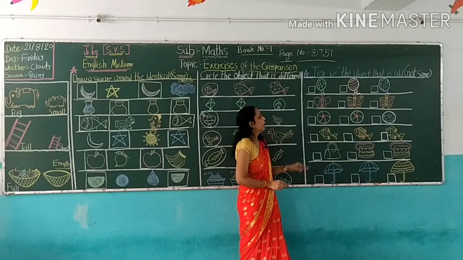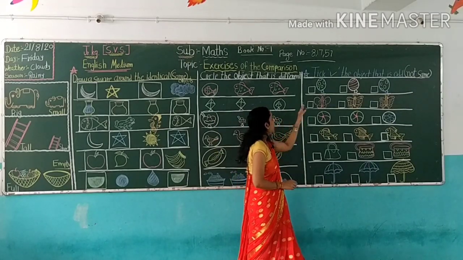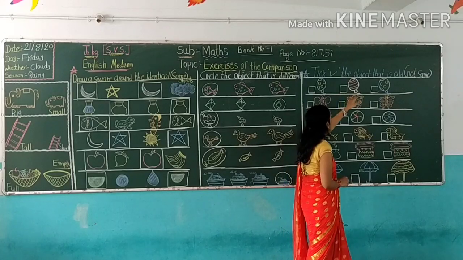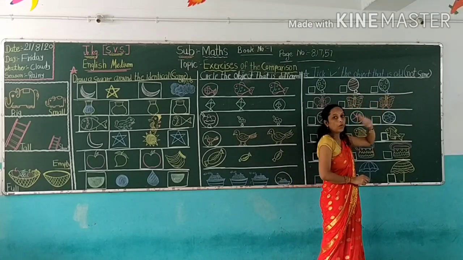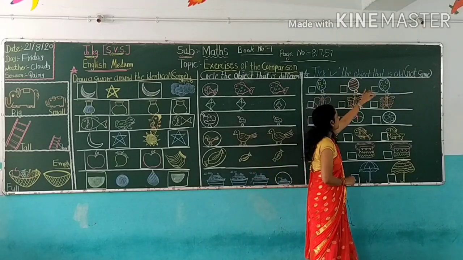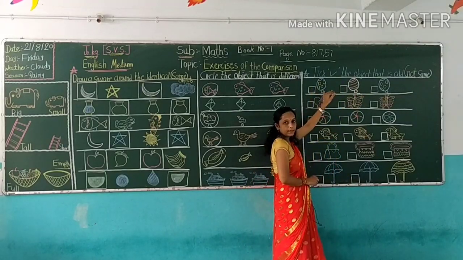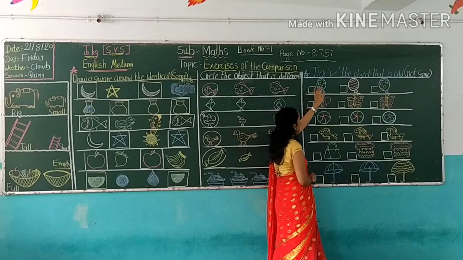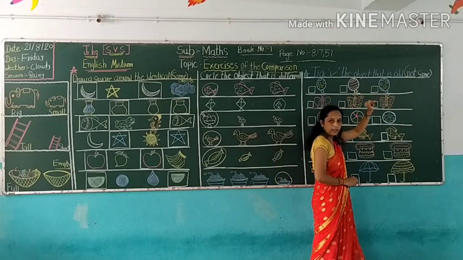And our third exercise is take the object that is odd, not same. So here I drew 3 balloons. What are these? Balloons. How many balloons? 1, 2 and 3.